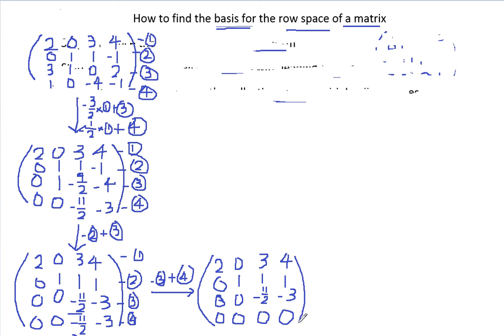So from here, we can identify the rows with the leading entry. We can see that row 1, row 2, and row 3 have leading entries. This one doesn't have.